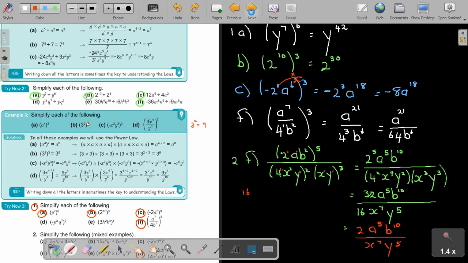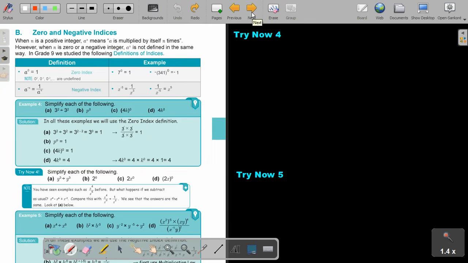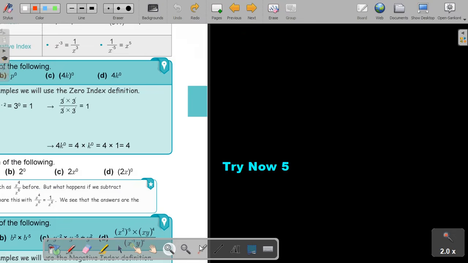Let's move on. Okay, so in the next one, zero and negative indices.